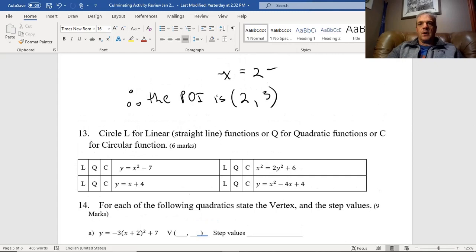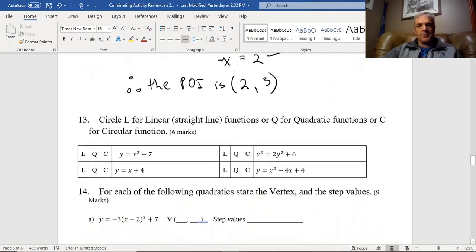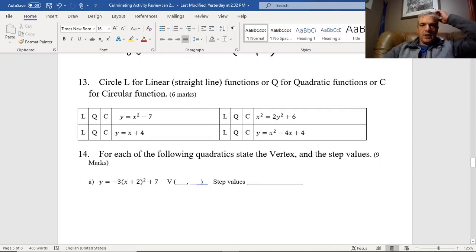We finished off in the last video on solving linear systems by substitution, and now we're going to go on to the quadratics. It starts with question number 13, where they want you to distinguish between linear straight line functions, quadratic functions, or C for a circular function.